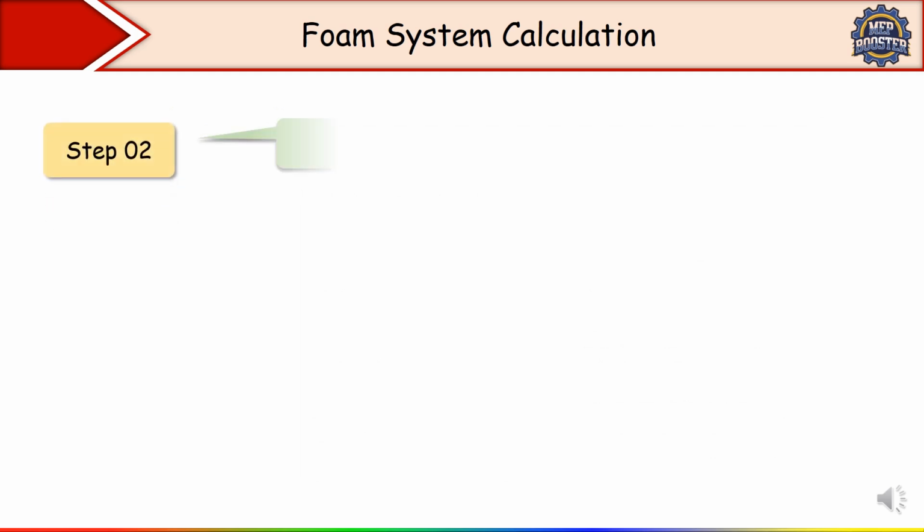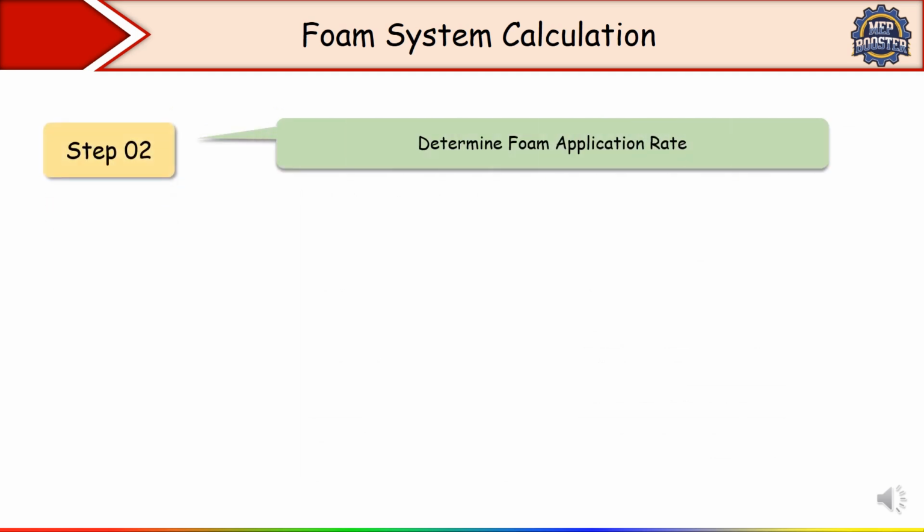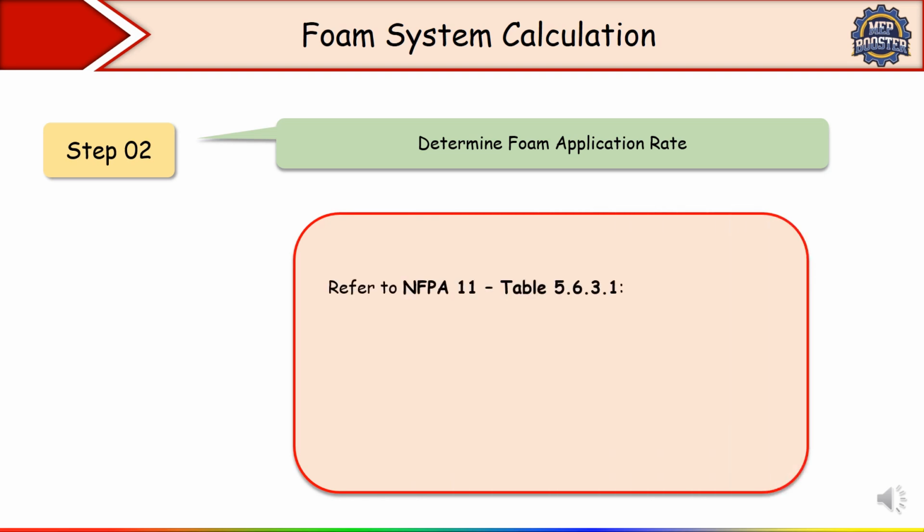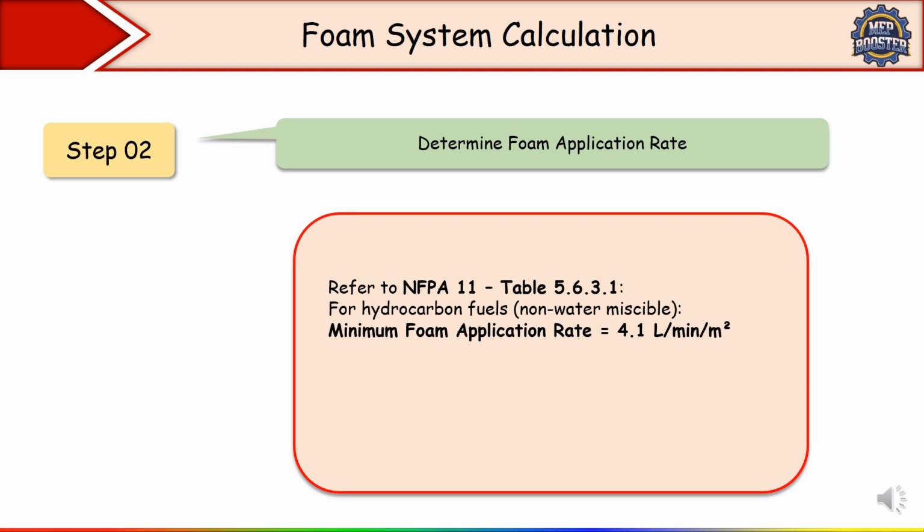Now in the second step, you need to determine the foam application rate. For that you need to refer to NFPA 11. When you open the NFPA 11 table 5.6.31, for hydrocarbon fuels, meaning non-water-miscible, the minimum foam application rate is 4.1 liters per minute per square meter.